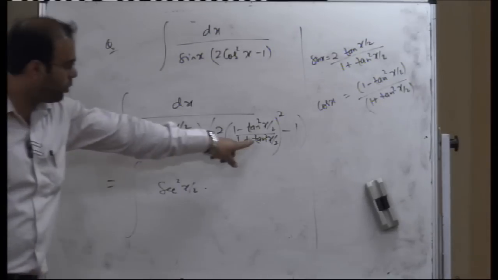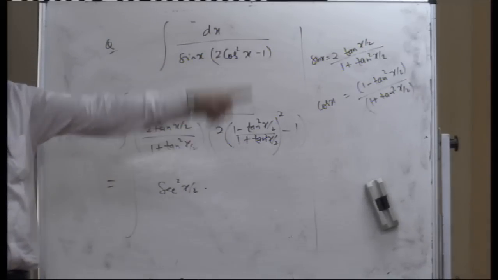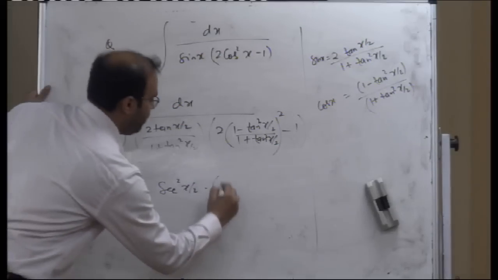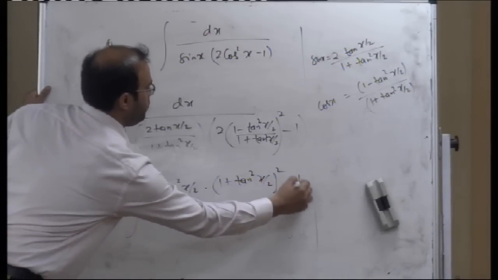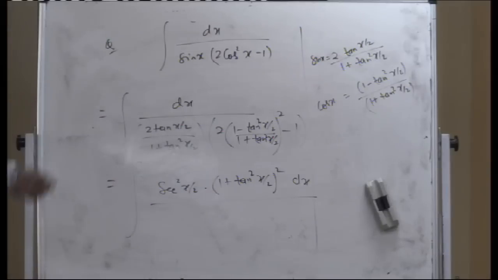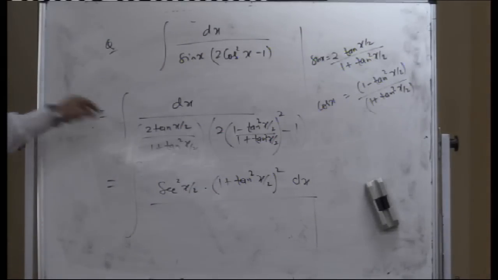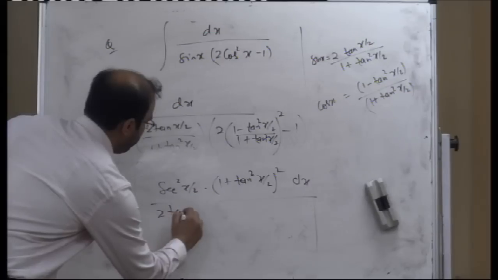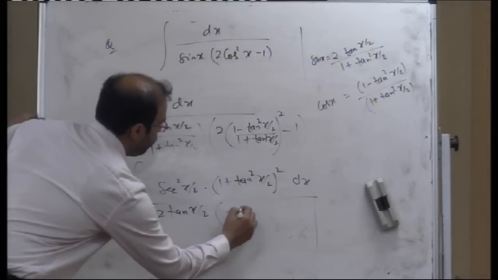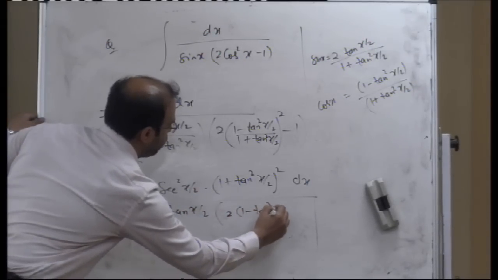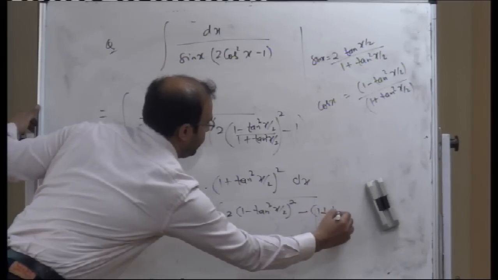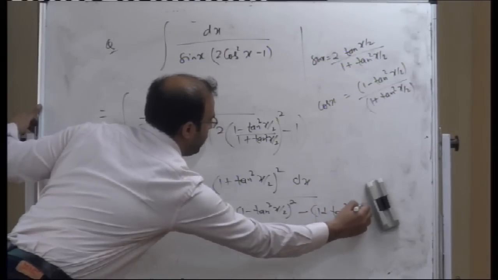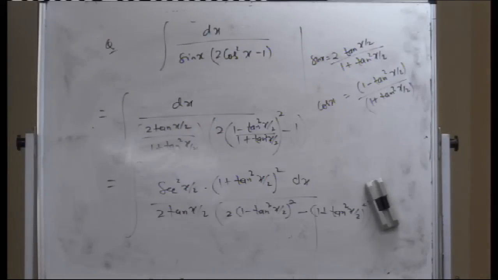And one more 1 plus tan square x by 2 whole square will also go in the numerator, and this would become dx in the numerator part. And here, when you multiply 2 tan x by 2 with 2 into 1 minus tan square x by 2 whole square minus 1 plus tan square x by 2 whole square, you get this as the denominator.